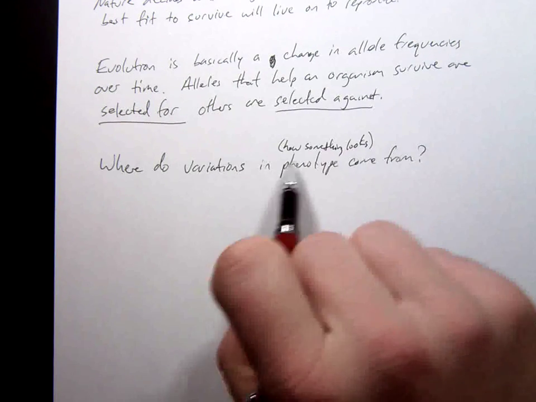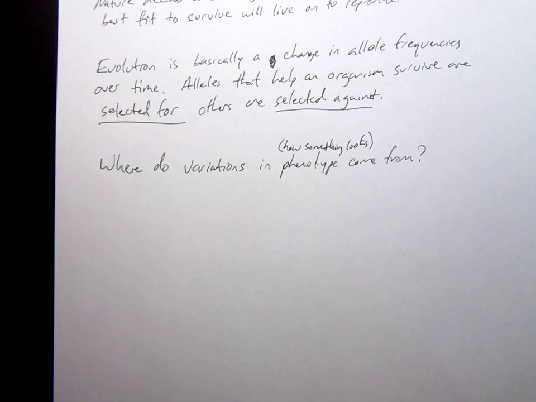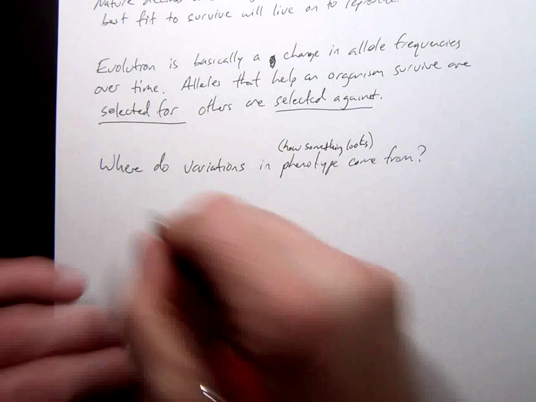How something looks. Remember we talked about that when we did our Mendelian genetics, like yellow seeds and wrinkled seeds. Where do these variations come from, gang? Genetics. Right, yeah. Differences in genes.